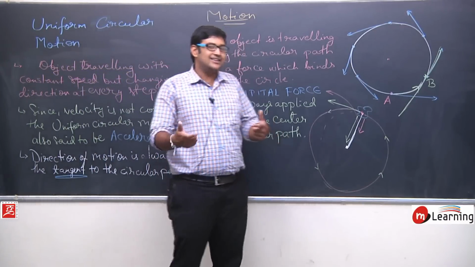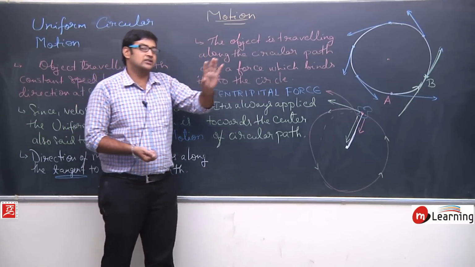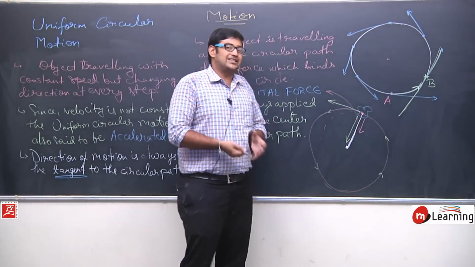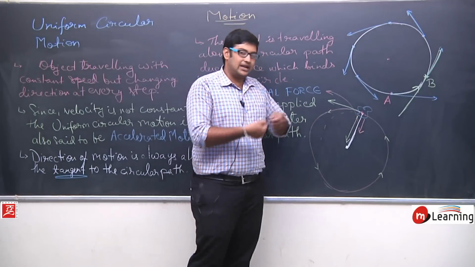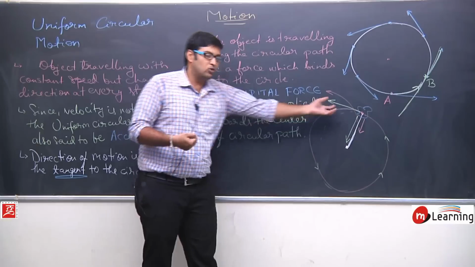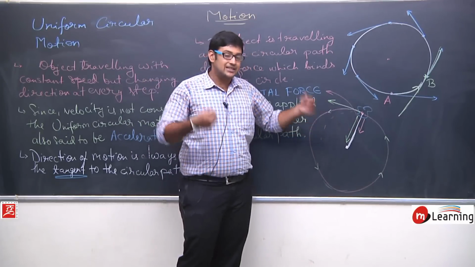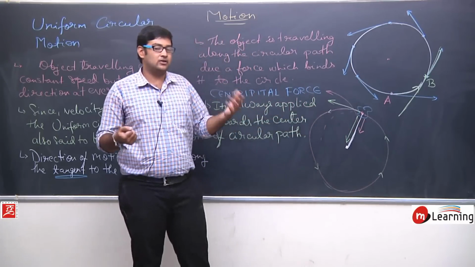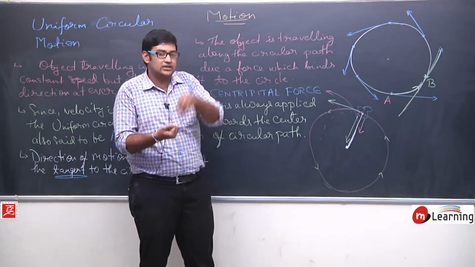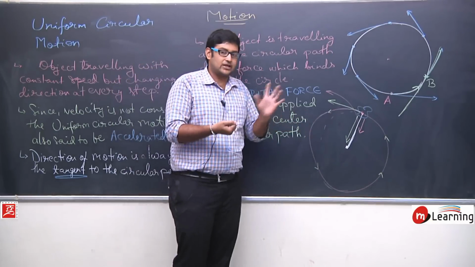Okay. Now, why it is applied towards the center, you will understand in class 11. That topic is beyond our scope. There is a new force which is known as tension, which is arising in this thread, and that tension is applying a force on the stone to move it towards the center of this circle. Okay, but since the stone has some velocity or some speed, it is moving along the circular path. It's not falling towards the center of this circle.